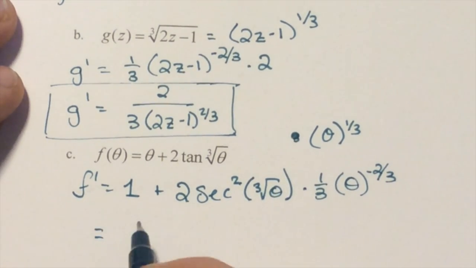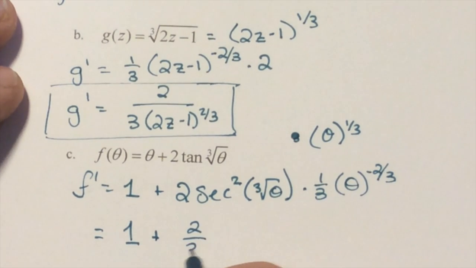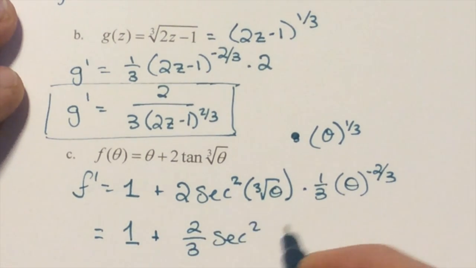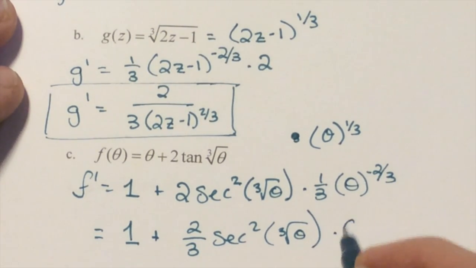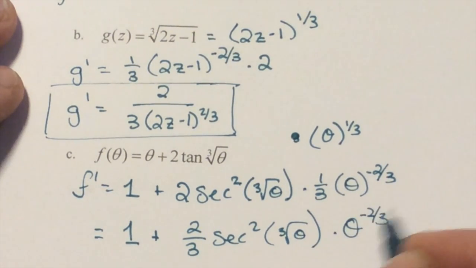So I'm left with 1 plus 2/3 secant squared cube root of theta times theta to the negative 2/3 power.